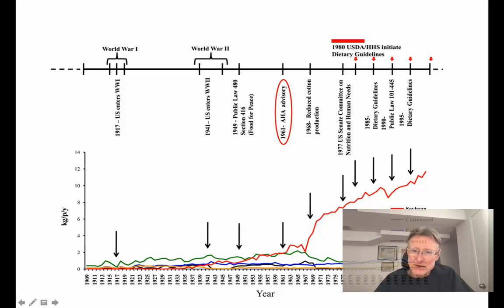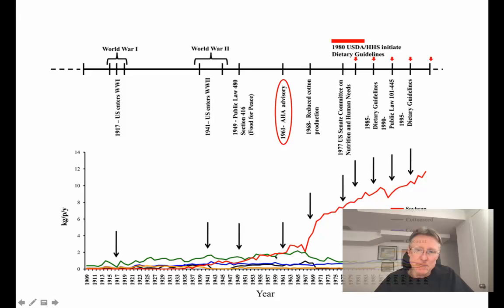These vegetable oils are measured in kilograms per person per year, going from 0 to 14. As we can see, early in the 20th century, all the way to approximately 1960, 61, the consumption of these vegetable oils was relatively low.